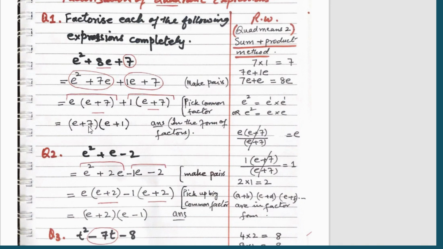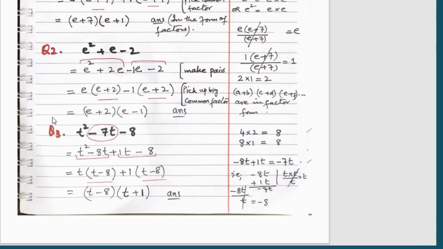You are taking e plus 7 common, write down e plus 7 under it. Same factors can cancel each other. So what is left behind? e. That is why I wrote e over here, and similarly over here I have shown this process in the rough part. Come to question number 2.